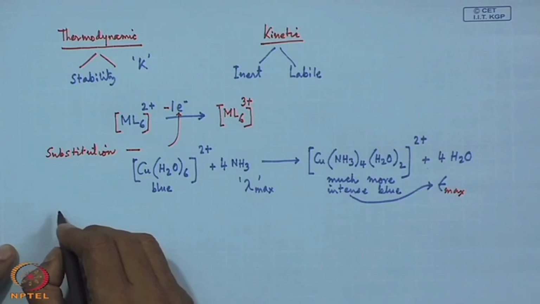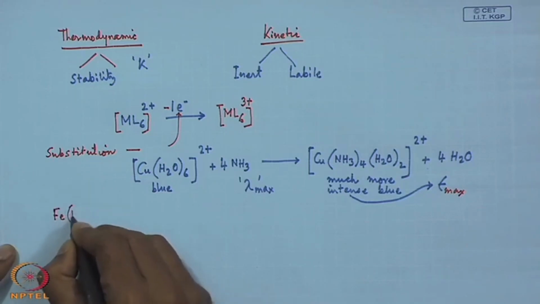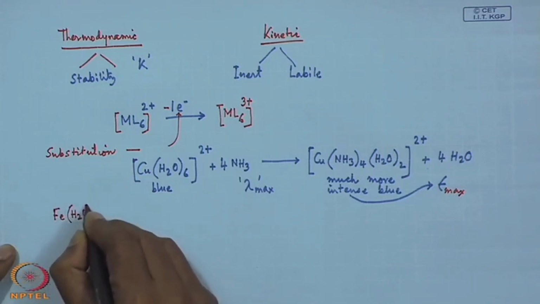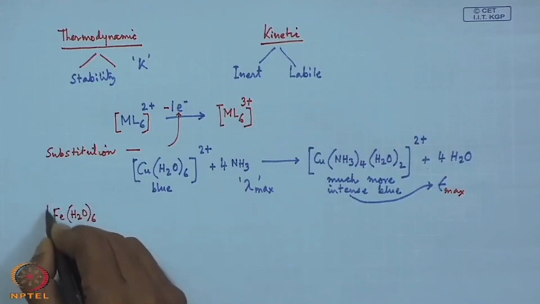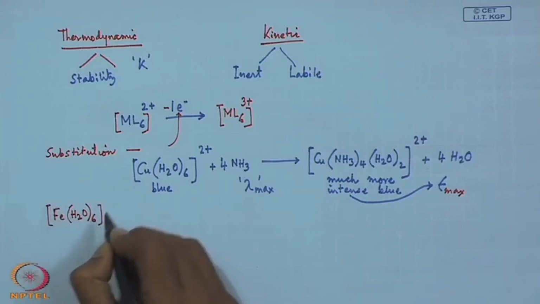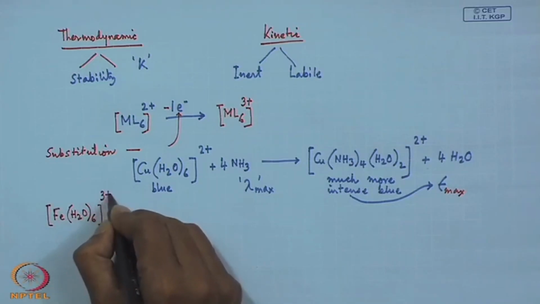Similarly, there is another color changing characteristic reaction which immediately shows us the ligand substitution reaction for water molecules occupying the octahedral positions around iron in the ferric state.